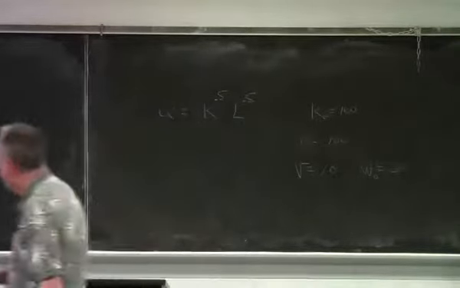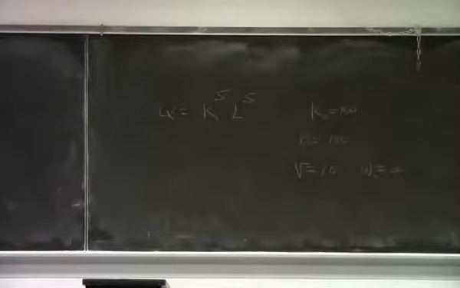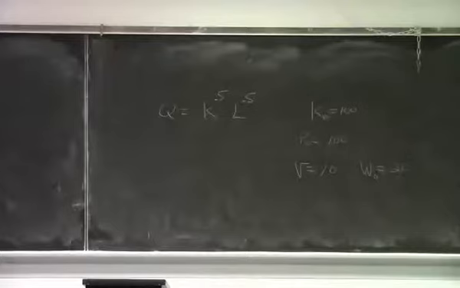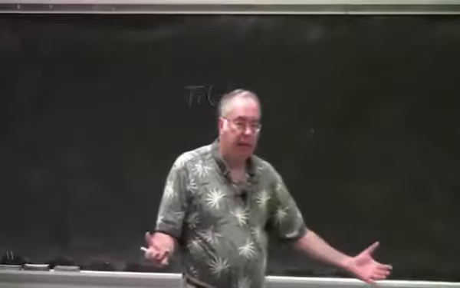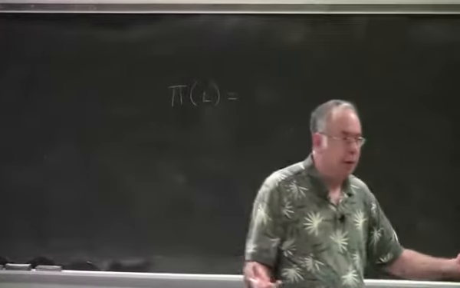Okay. So what we want to do is figure out what our objective function is. Find profit expressed as a function of labor. And how will we do this? Well, what is the definition of profit? Let's go back to the definition of profit.